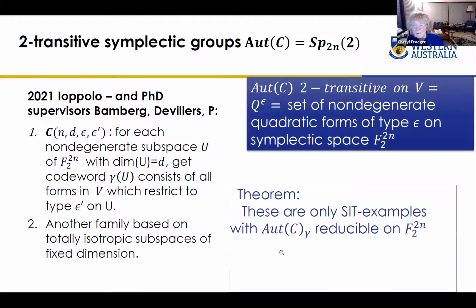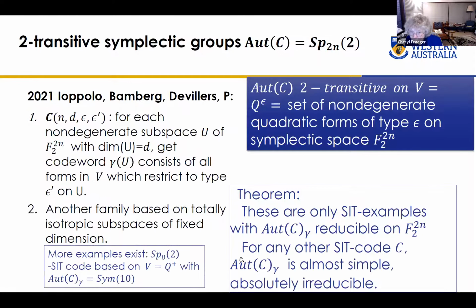Moreover, we proved that these are the only SIT examples where, the automorphism group of the code being the full symplectic group, when we fix a code word, we ask how is that acting on this space? Well, if that's acting reducibly, we just get these nice families that have been constructed here. What else can we prove?